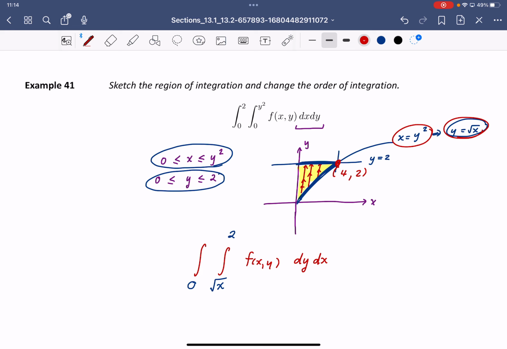So it's actually 0 to 4 here. Easy? Too easy? No. Too complicated. x from 0 to 4, y from square root x to 2. And that is example 41.